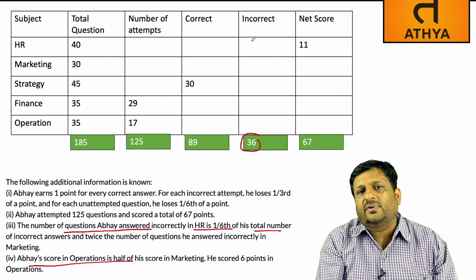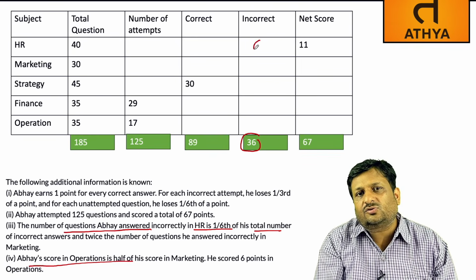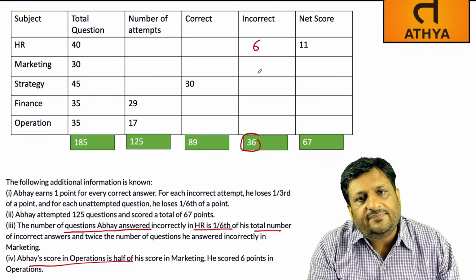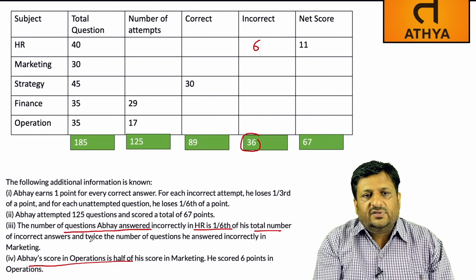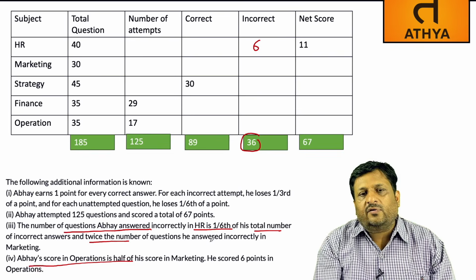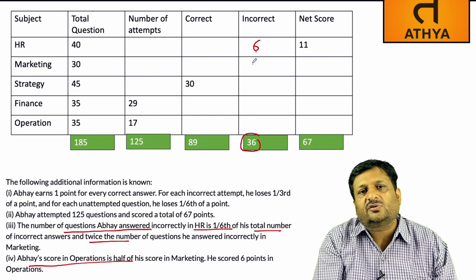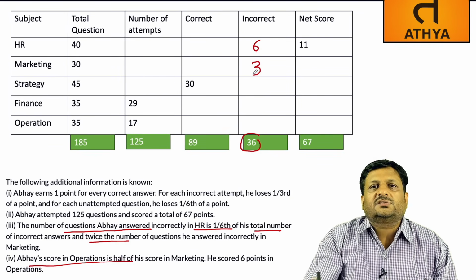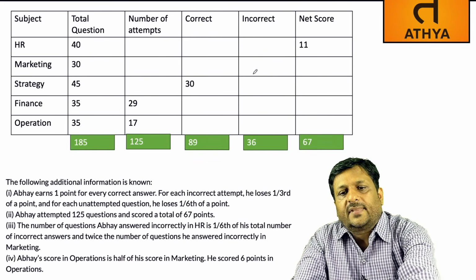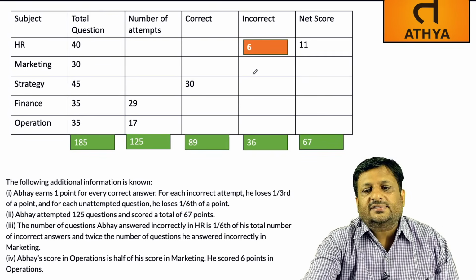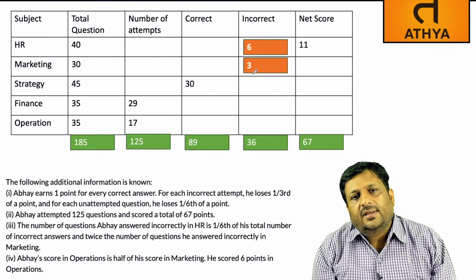So in HR, he must have answered 6 questions, 1/6 of 36, incorrectly. So in marketing, which is twice of what of marketing? So 6 is twice of 3. So it means he must have answered 3 questions incorrectly in marketing, isn't it? So here we got 6, here we got 3.